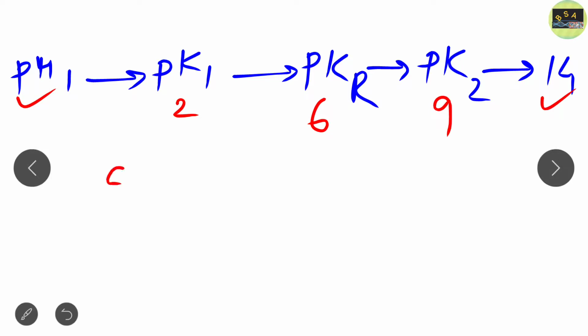See, this is the structure of histidine. This is CH2, and histidine contains a ring.